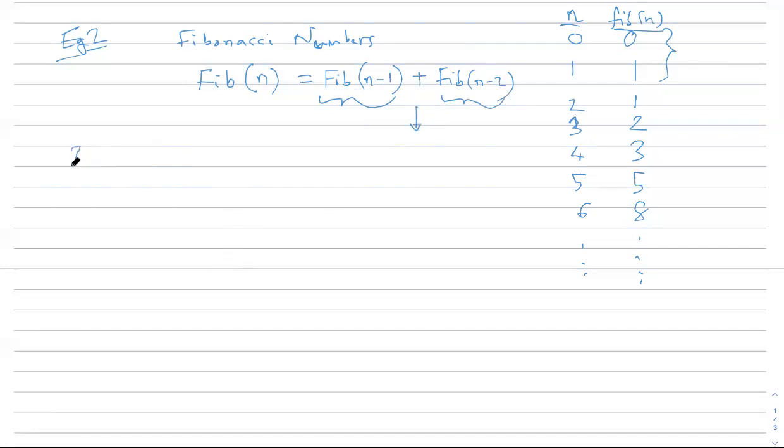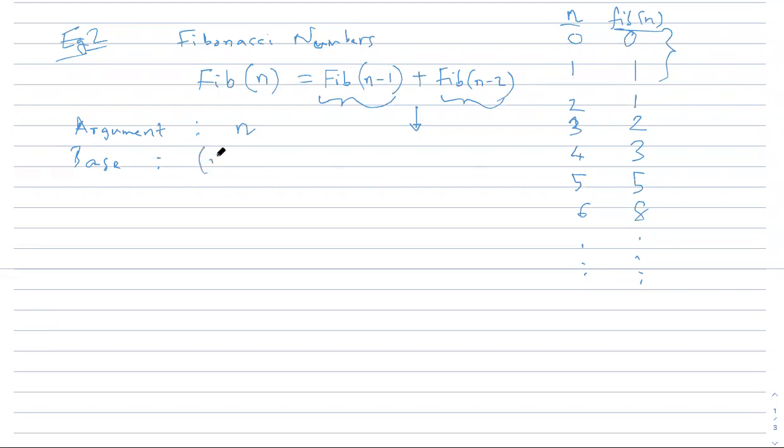So again, we can very quickly write it down. So here the argument is again n. The base case, what is the base case here? What are the base cases?